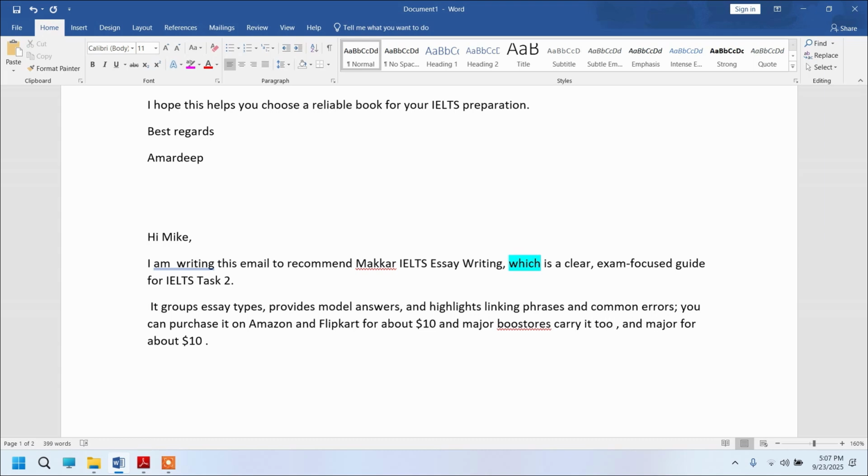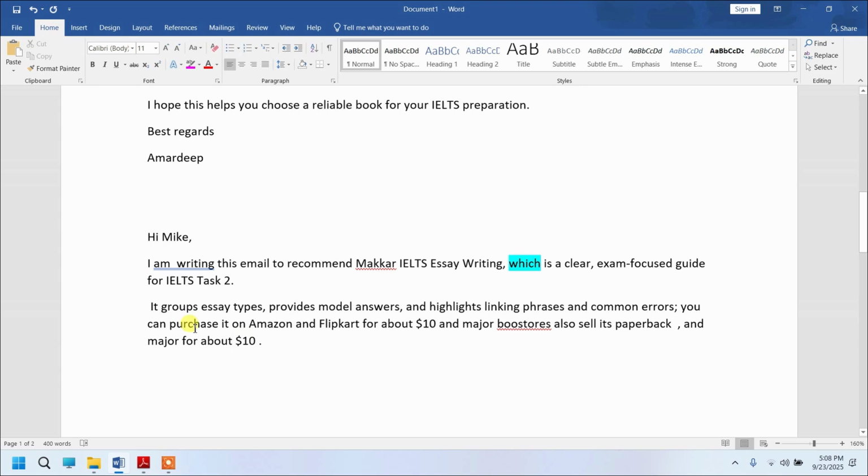Major bookstores also sell its paperback for a much lesser price. Major bookstores also sell its paperback at around $10.